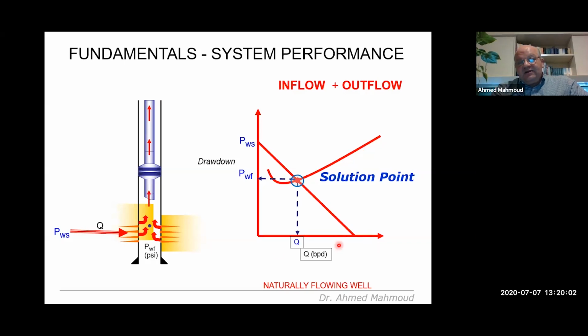And I need them to intersect. If they intersect, we're in business. Okay, they have to intersect. And if they intersect, then they will give me a Q, which means that this well is flowing. This well does not need aid. This well is flowing by itself.